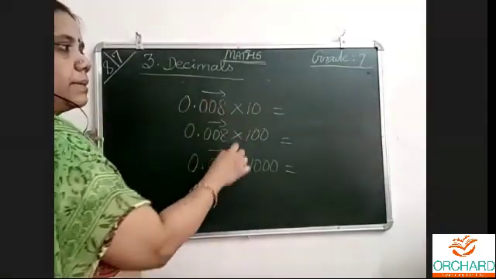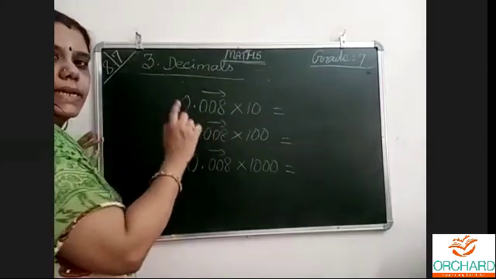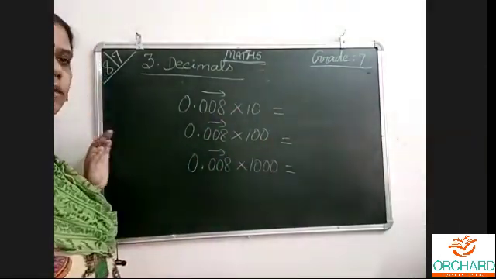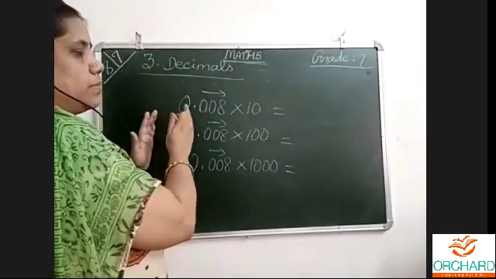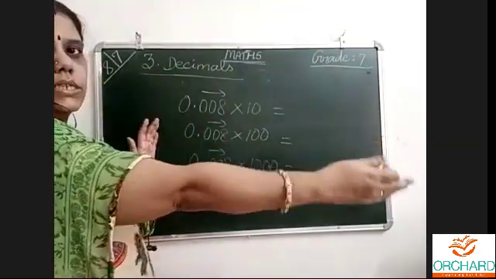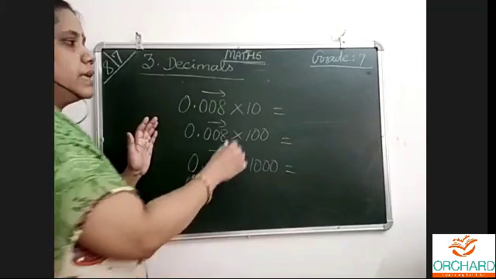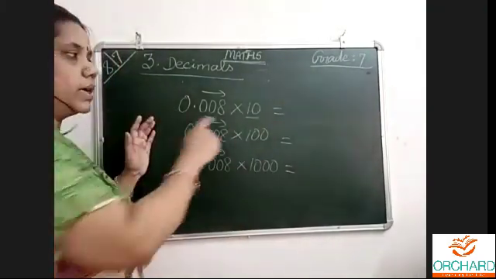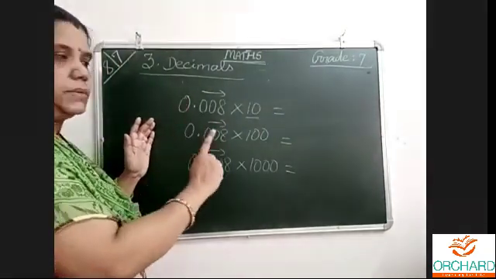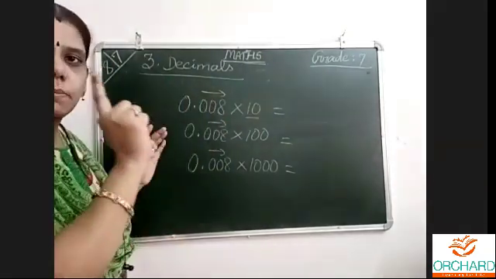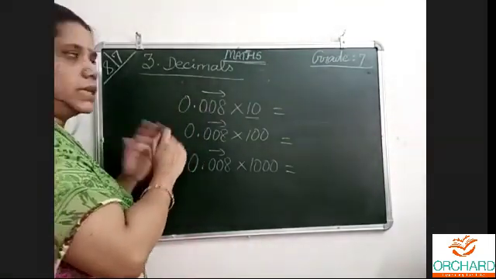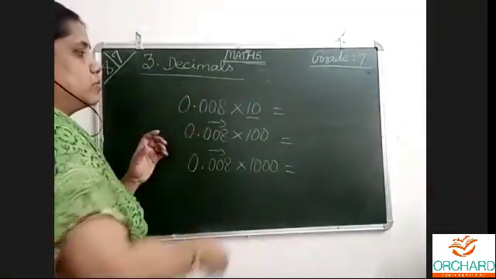So when I multiply any decimal number by 10 or by 100 or by 1000, step number 1 is to move towards the right side. Then we have to see 10. 10 has only one zero, which means one place value, so the point will move one place. It will jump, in my words.